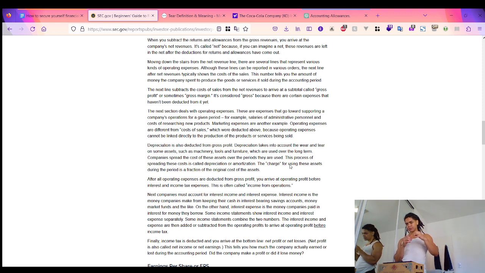After all operating expenses are deducted from gross profit, you arrive at the operating profit before interest and income tax expense. But again, depreciation is deducted from gross profit, and depreciation takes into account the wear and tear of some assets, such as machinery. But this word, this verb, the wear and tear, interesting.